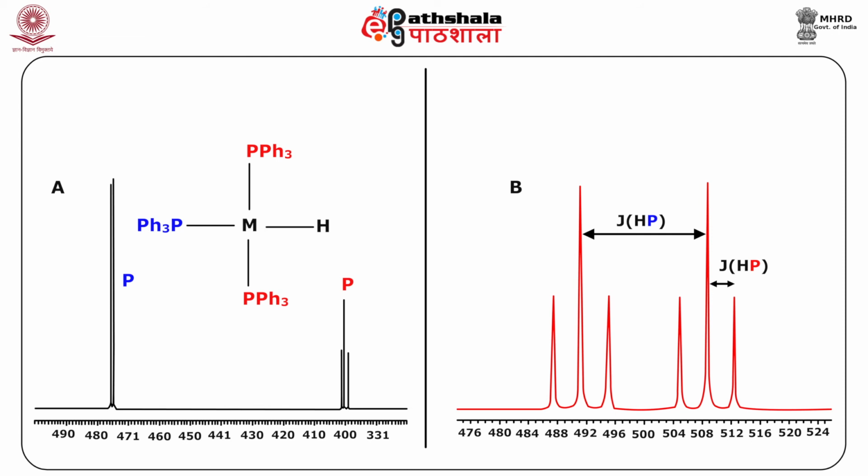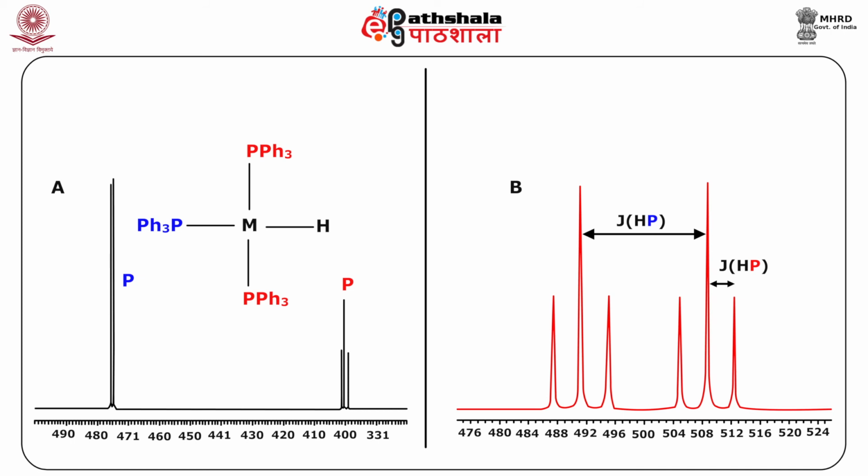The first doublet splitting would be larger than the second triplet splitting, since coupling between trans-oriented nuclei is usually larger than the cis ones. Thus, the signal for the proton will be observed as a doublet of triplets.